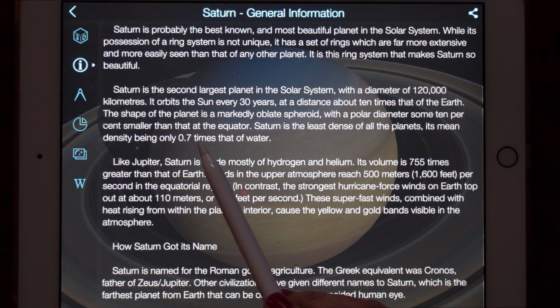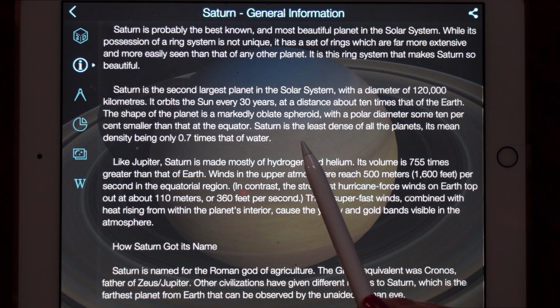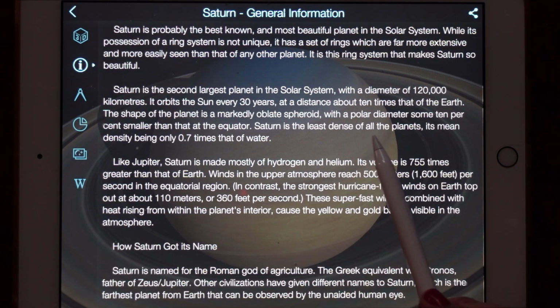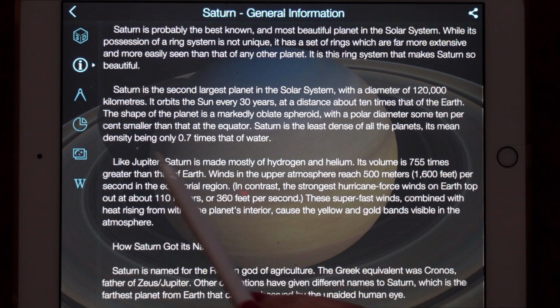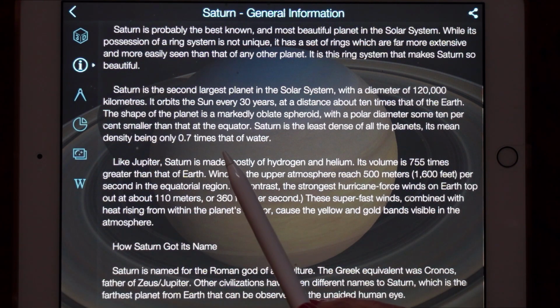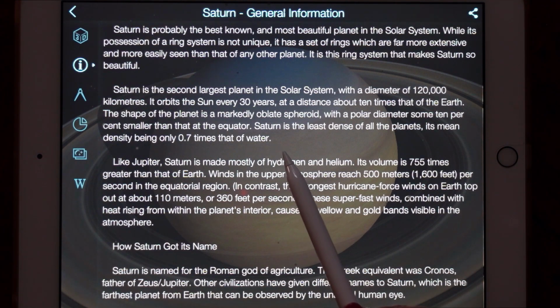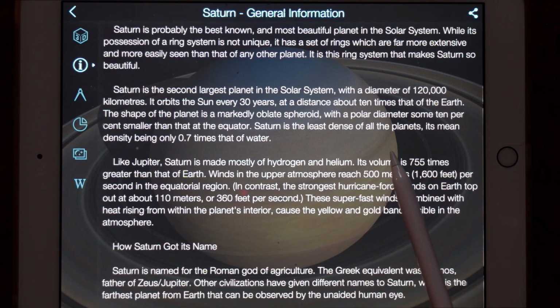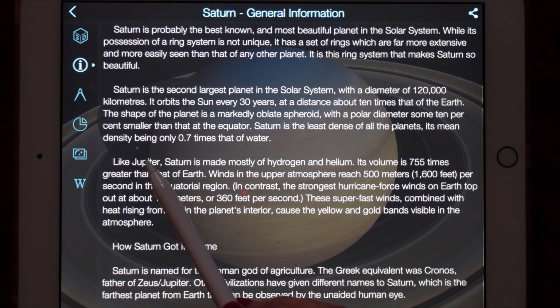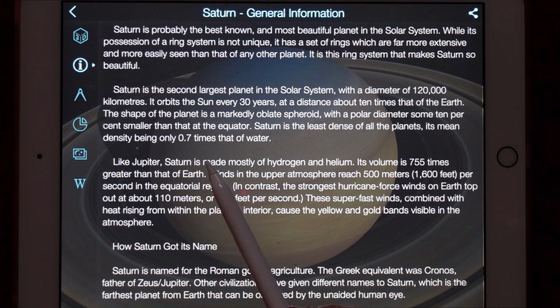The shape of the planet is a markedly oblate spheroid with a polar diameter some 10% smaller than that of the equator. Saturn is the least dense of all the planets, its mean density being only 0.7 times that of water.